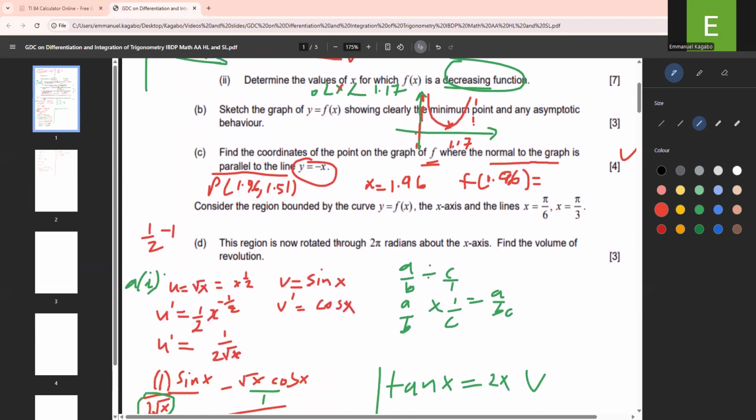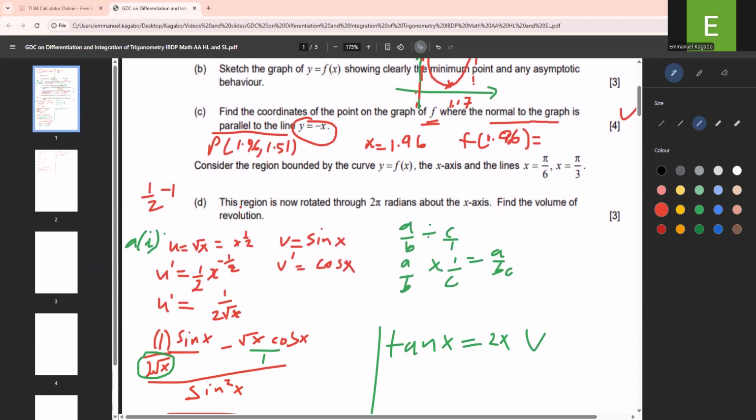Very good question. Now, the last part of this question: consider the region bounded by this function, the x-axis, in the interval of this. Be careful with that one. Okay, and rotated through 2 pi radians about the x-axis. Find the volume.